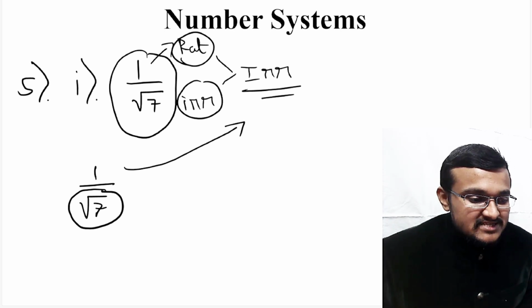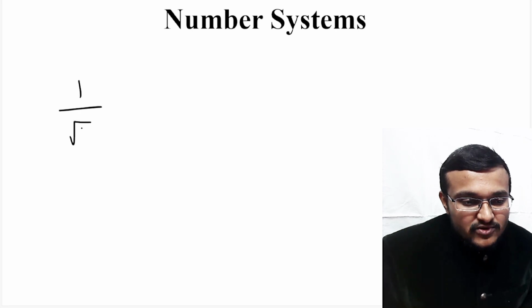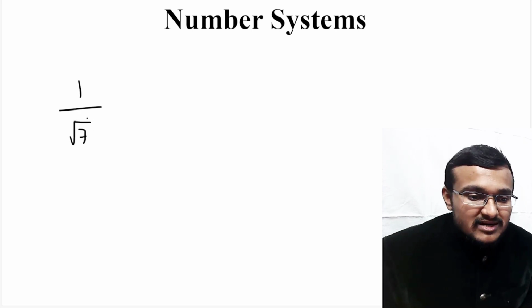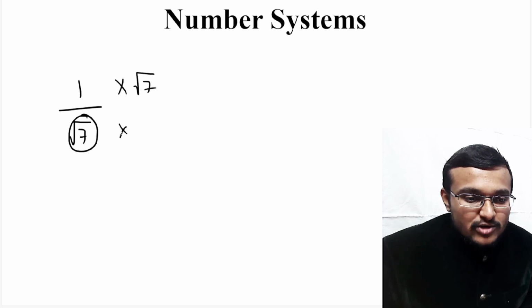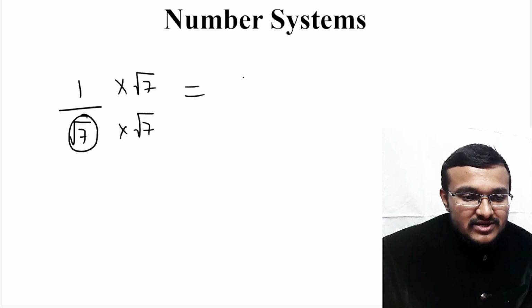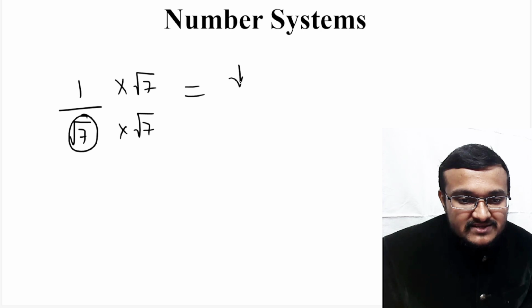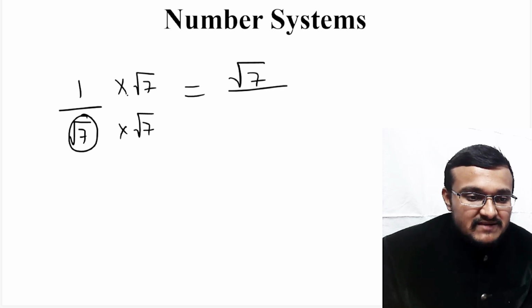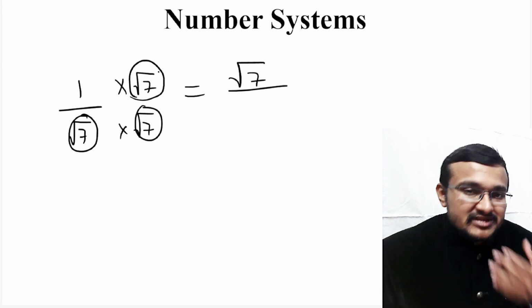In order to rationalize the denominator, whenever you have a root in the denominator, you multiply it with both numerator and denominator. When you do that, you get 1 into root 7 is root 7. Because I am multiplying and dividing with the same number, the value will not be altered, so it remains the same.